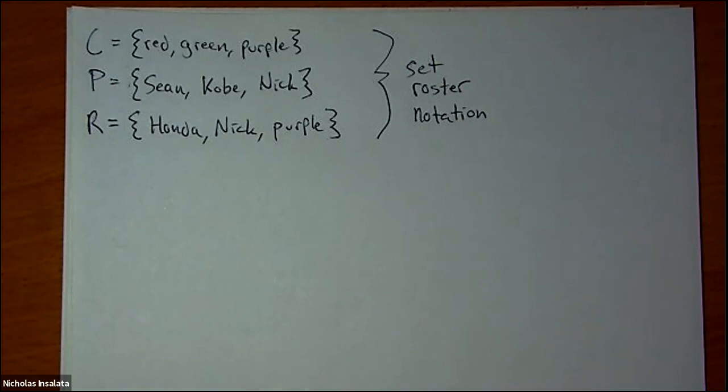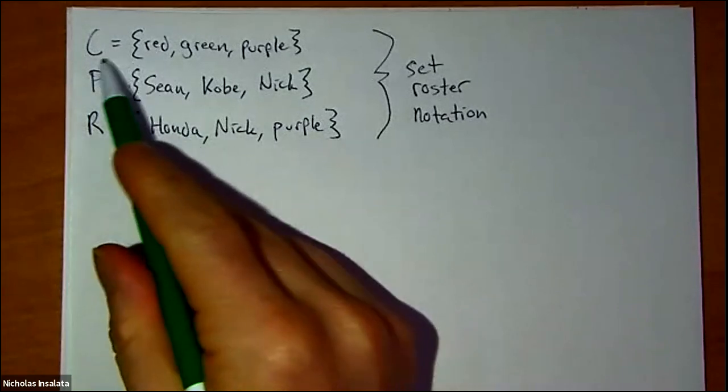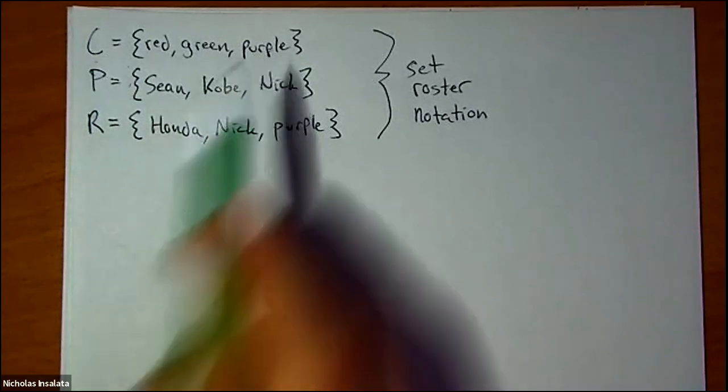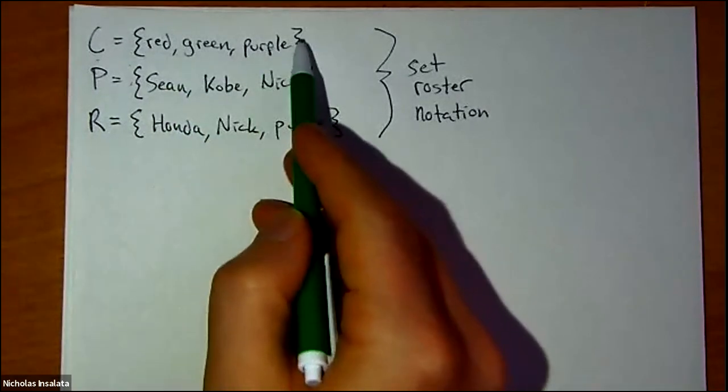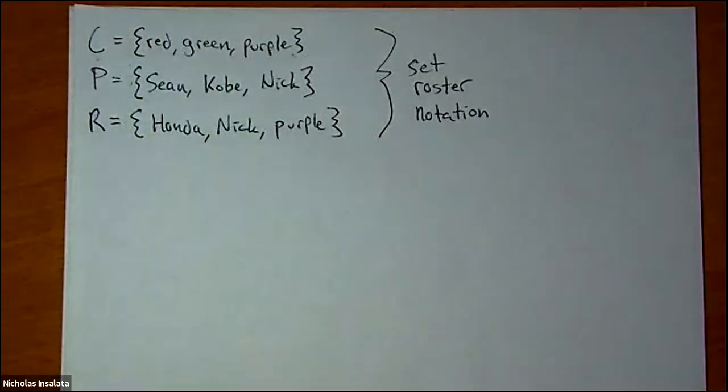If I was going to do attendance, I would look down the roster and read out everyone's name. That's just a list of all the people in my class, just like this C is a list of all the colors in my set. So you make a list with comma separated items surrounded by curly brackets. That's the notation, and you list everything out that's in the set.